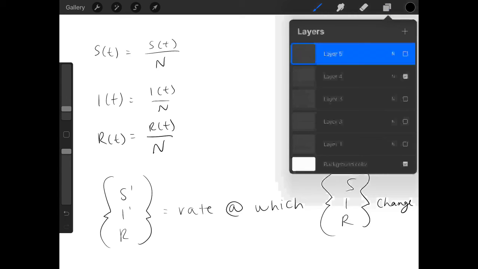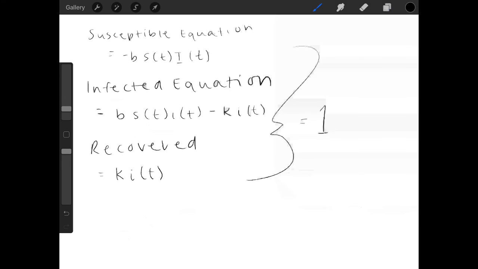So we can assume that when we add up all of the categories, S of t over N plus I of t over N plus R of t over N equals 1.